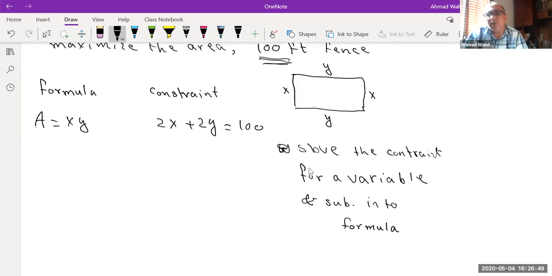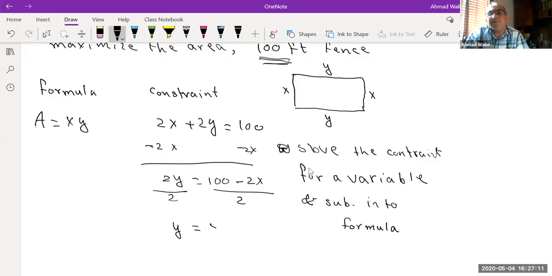What I will do, I will solve the constraint function for y. To solve for y, you have to subtract 2x from both sides first, right? It means 2y equals 100 minus 2x. Now divide everything by 2. Y equals 50 minus x.